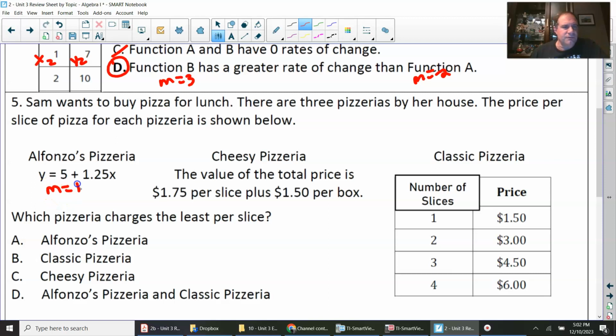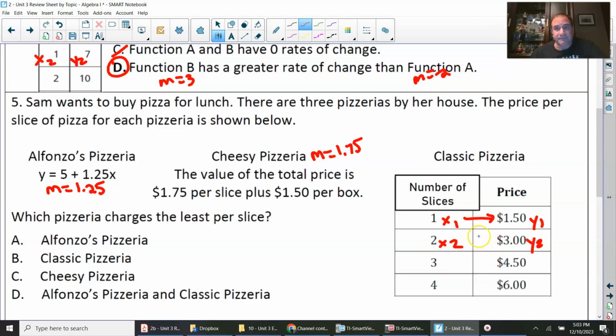M equals 125. The value of the total price is 175 here for Cheesy Pizzeria. We're just going to go, look, it says 1 right here. You don't really have to do much. But I'm going through the thing, and if it says 1 is equal to that, that's the slope.